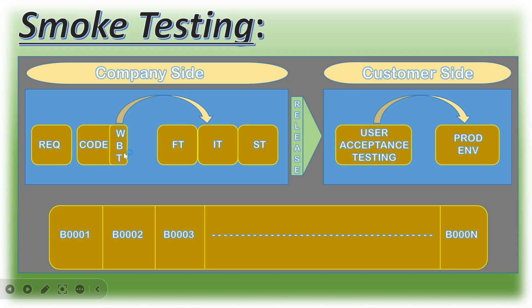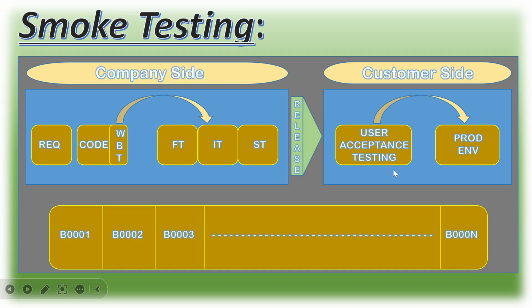They will complete the white box testing, and then the build will be installed in the test server, and the test engineers will perform the functional testing, integration testing, and system testing. Once that is released to the customer side, the customer will perform the user acceptance testing, that is UAT. Then once that is completed, it will be installed into the production environment.